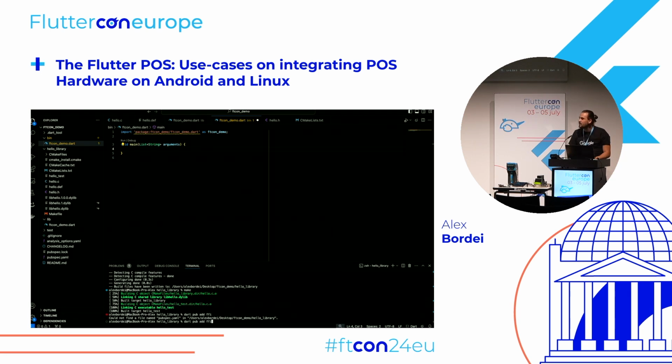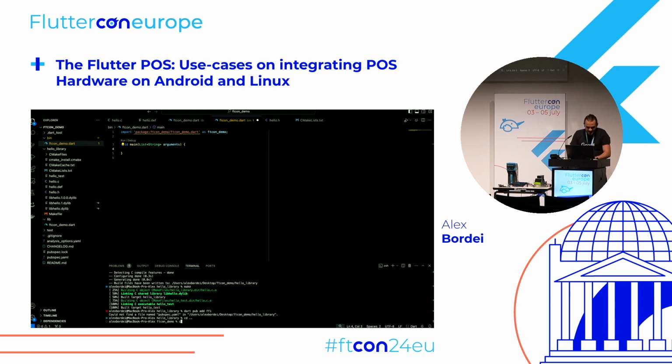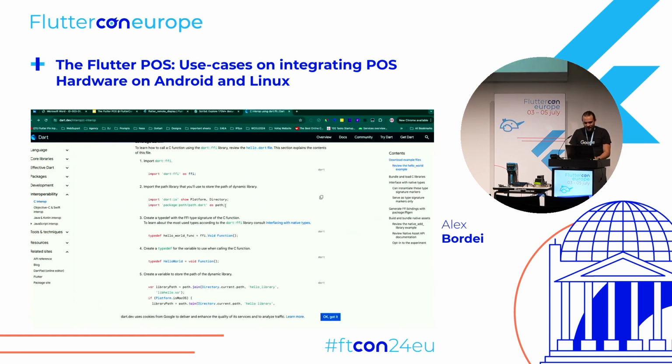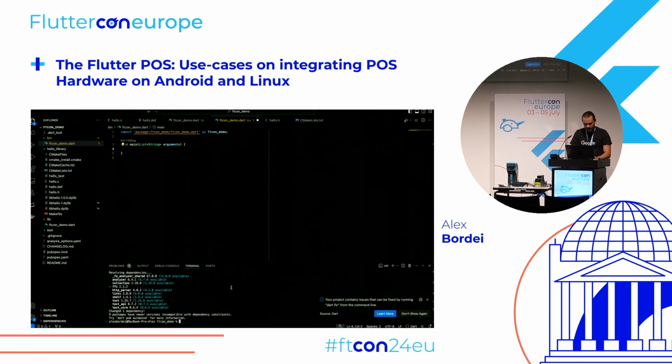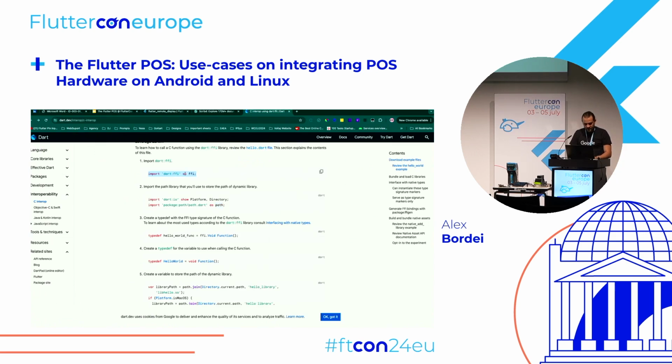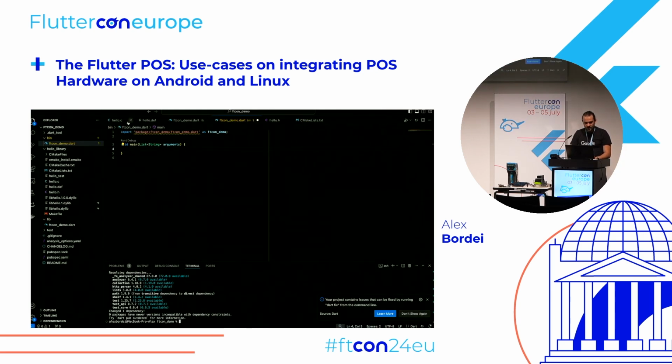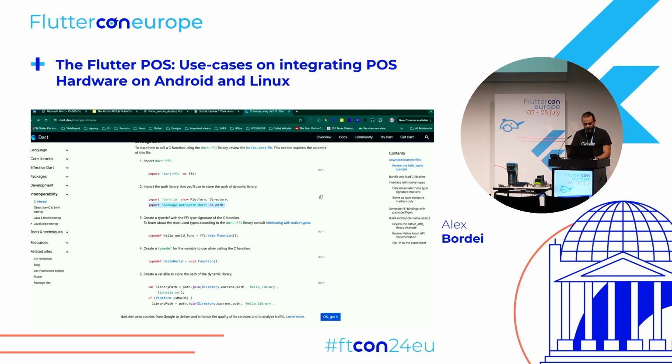Oh, thank you. Again, live demos, man. It's crazy. Okay. Ta-da! Good. And we also need, I think, the path package. Let's add path also. Good. So let's import dart:ffi into our Dart file, and then we go for the other dependencies.